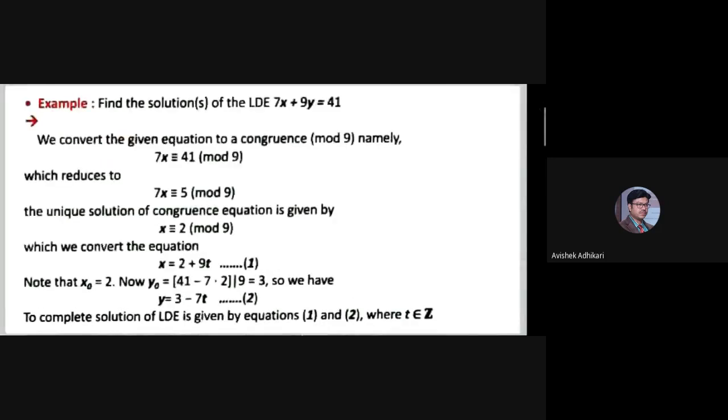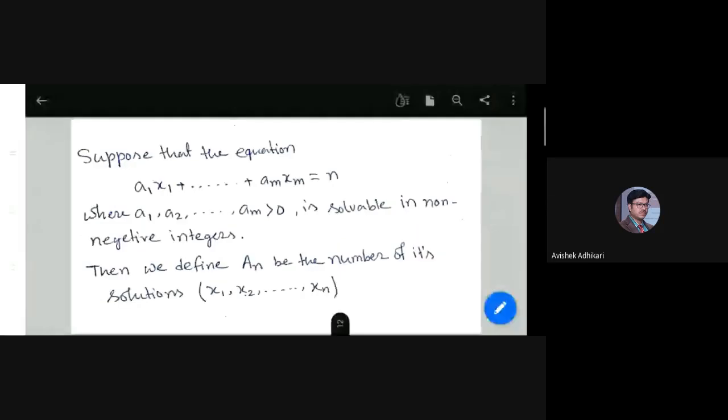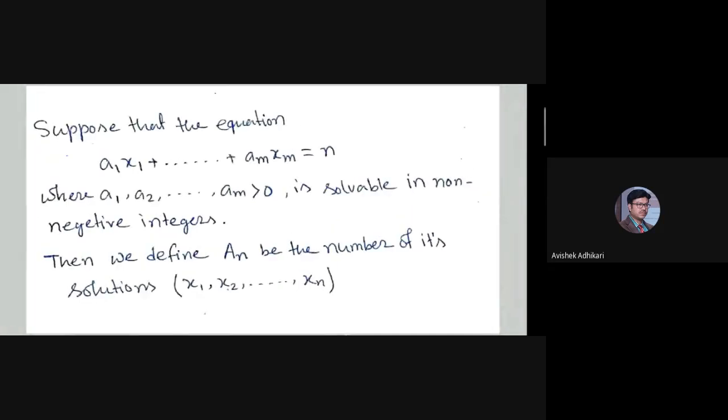So my next result is very interesting. Suppose that the equation a1x1 + a2x2 + ... + amxm = n, where all the ai's are greater than 0, is solvable in non-negative integers.